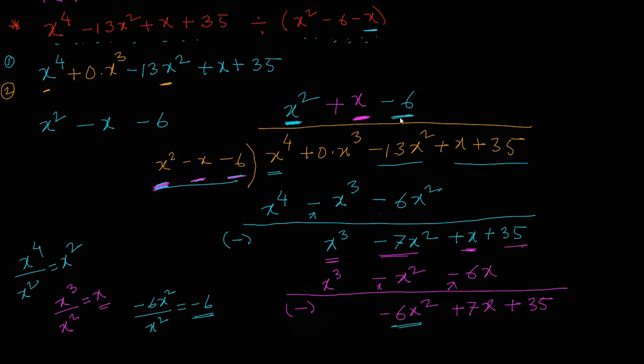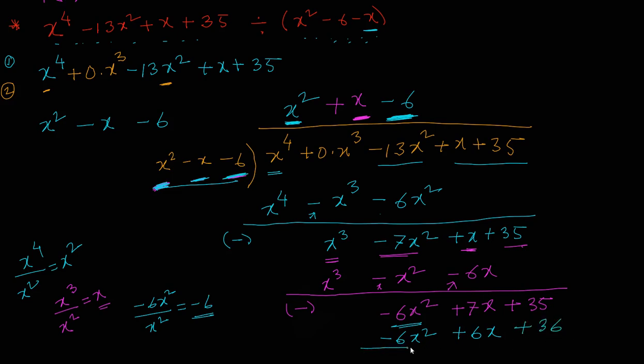Negative 6 multiplied by x square is negative 6x square. Negative 6 multiplied by negative x becomes positive 6x. Then negative 6 multiplied by negative 6 is positive 36.